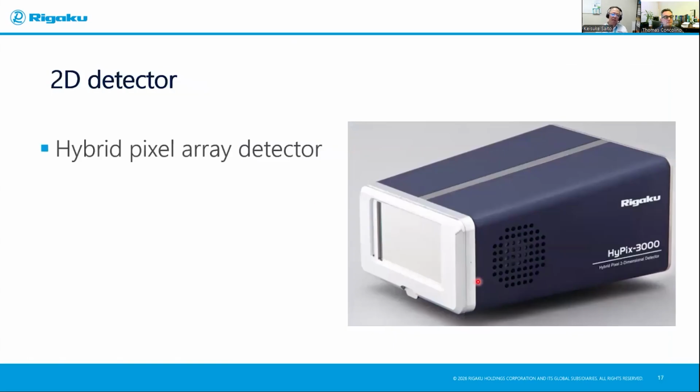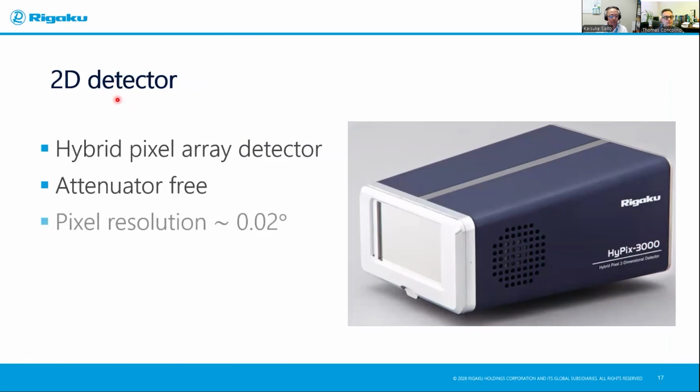The 2D detector, or it could be a 1D detector, let's say a multi-dimensional detector, is getting very popular on lab-based diffractometers recently. This example is showing a hybrid pixel array detector. It doesn't require an attenuator, which means this detector can measure the direct beam from the source without any attenuation.